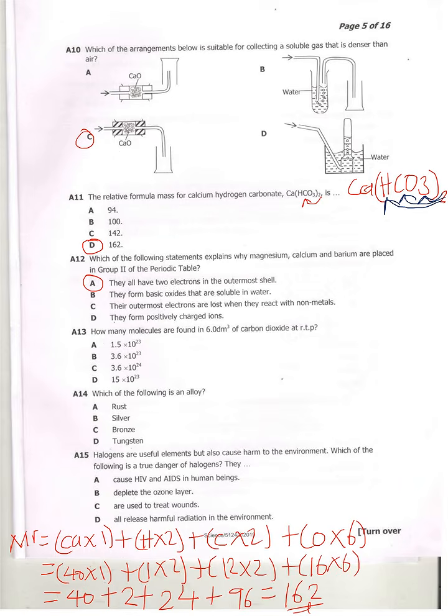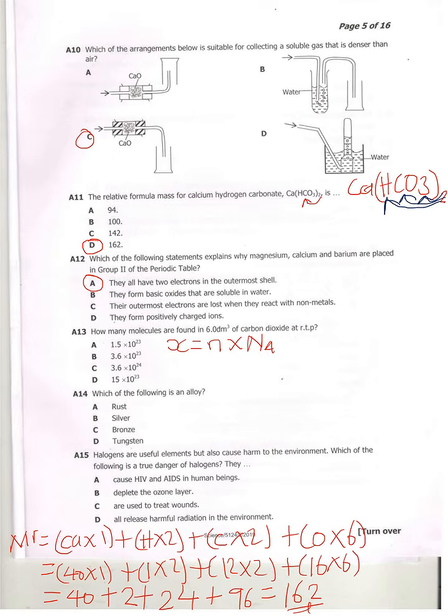Okay, now let's move on to question 13. How many molecules are found in 6.0 cubic decimeters of carbon dioxide at RTP? We are solving for molecules, which is X, so X is equal to number of moles multiplied by Avogadro's constant. Here there is a need to find the number of moles.